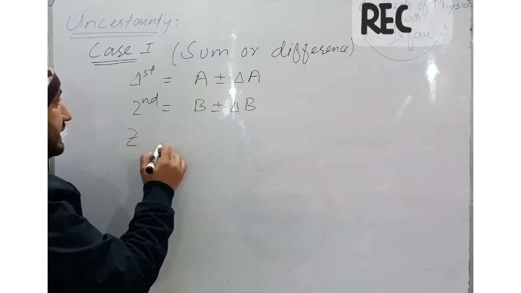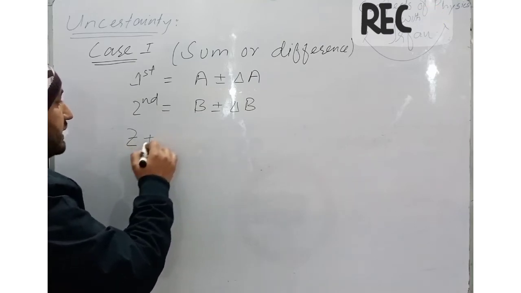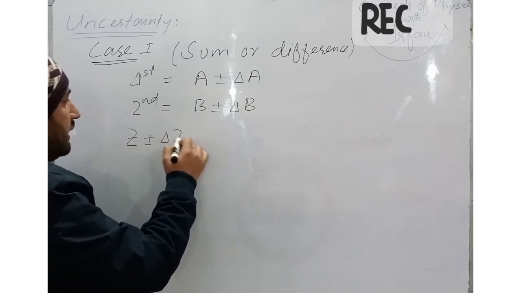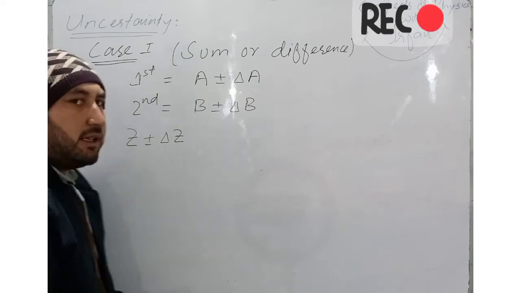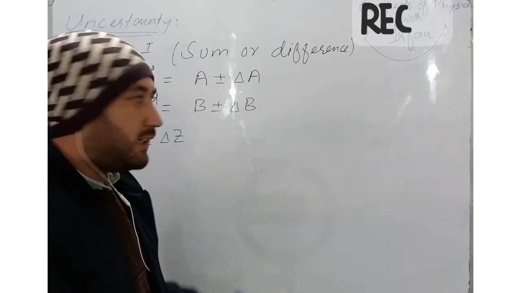We call that Z, and Z plus or minus delta Z, because there will be an uncertainty in the final result.